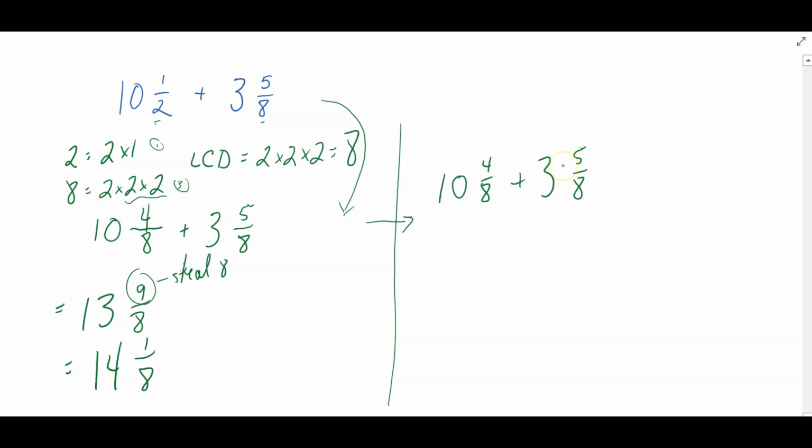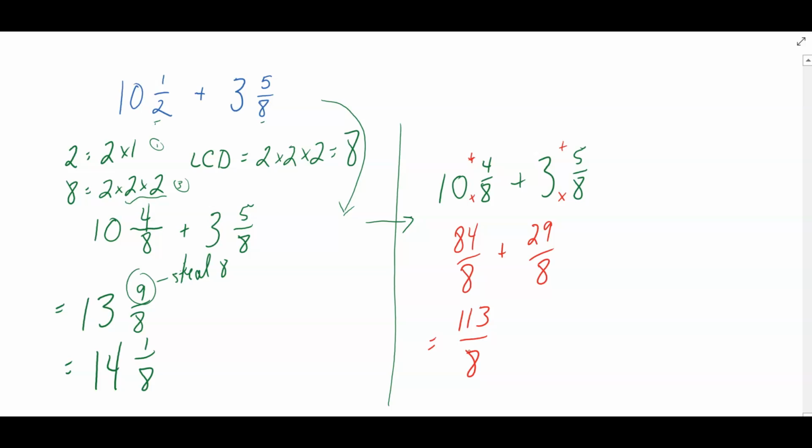And remember, the process was 8 times 10 plus 4, right? So 8 times 10 is 80, plus 4 is 84/8, plus 8 times 3 plus 5. 8 times 3 is 24, plus 5 is 29/8. And we will find, when we add the numerators, that it is 113/8.